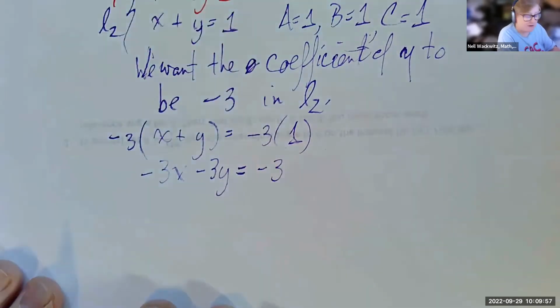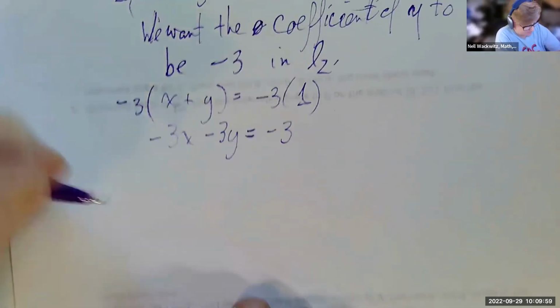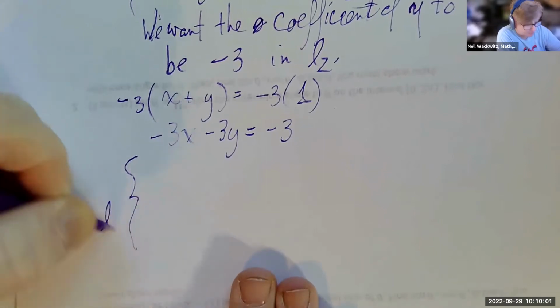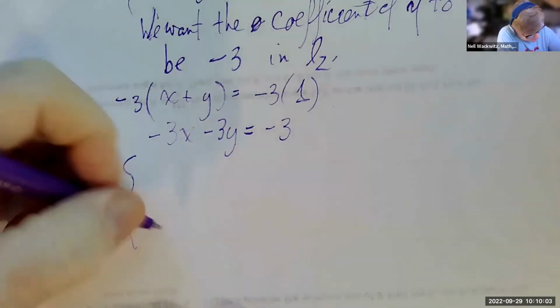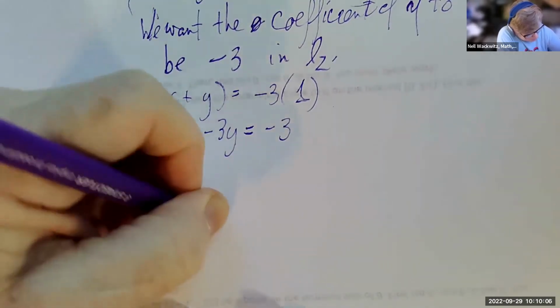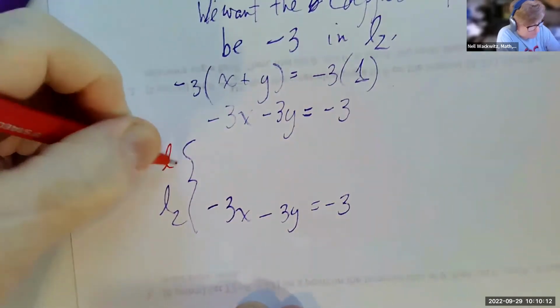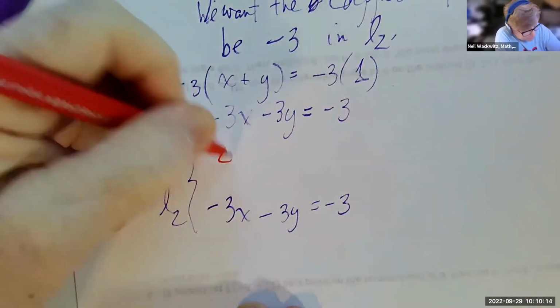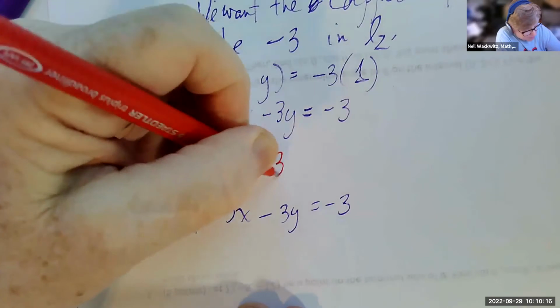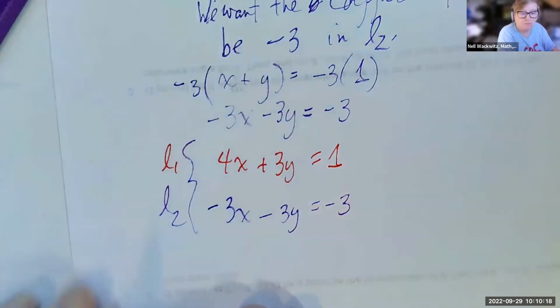Excellent. So let's write down the system again. Line 2 is -3x minus 3y equals -3. And line 1 is still 4x plus 3y equals 1.